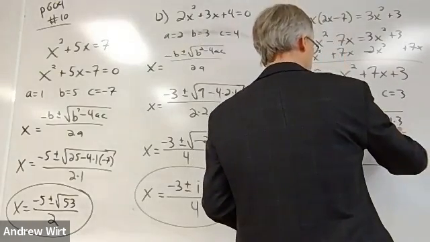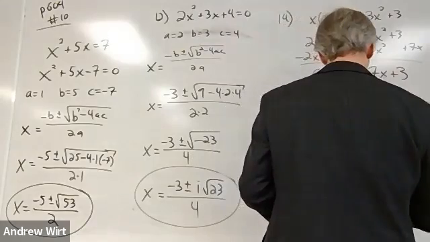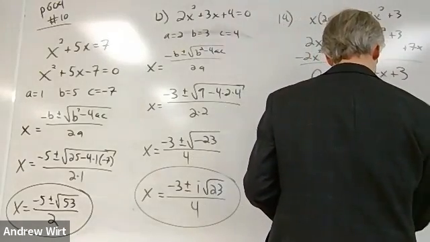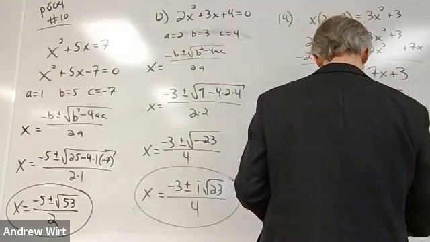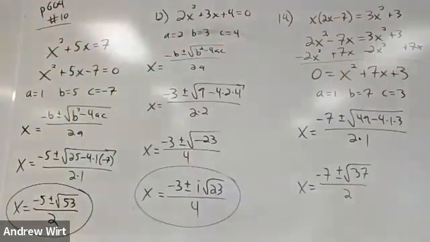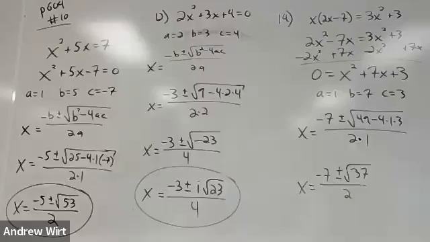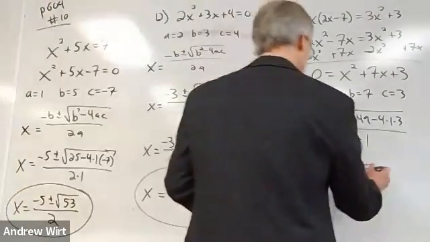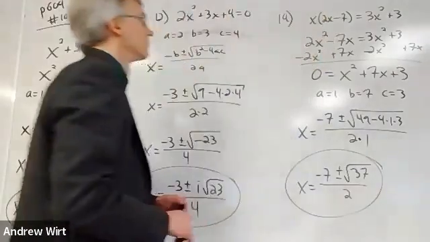And 4 times 3 gives us 12, so 49 minus 12 is 37, over 2. Let's see, 37, that is prime. So that is going to do it. Negative 7 plus or minus the square root of 37 over 2.